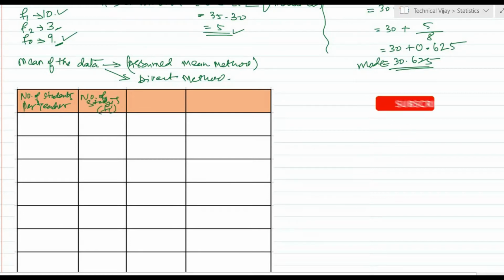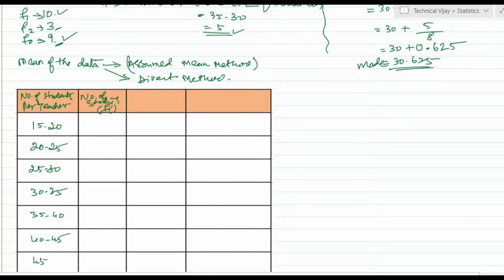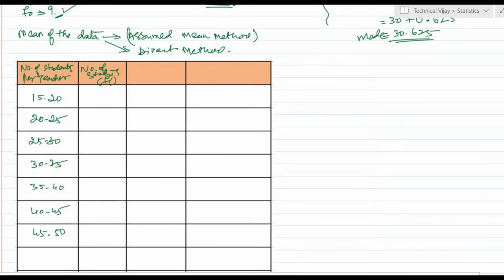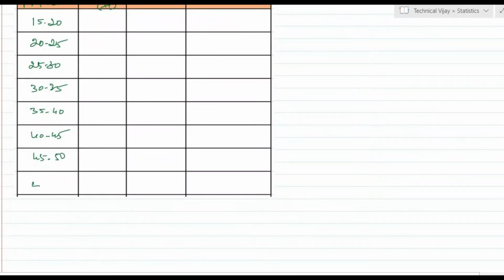Now for the number of students, I will write 15 to 20, 20 to 25, 25 to 30, 30 to 35, 35 to 40, 40 to 45, 45 to 50, and also 50 to 55.